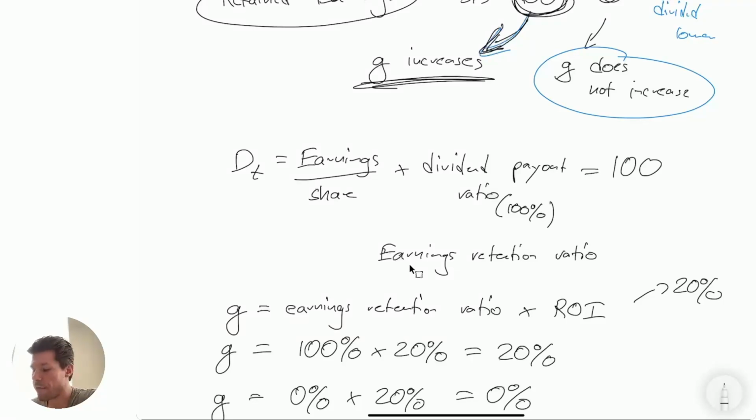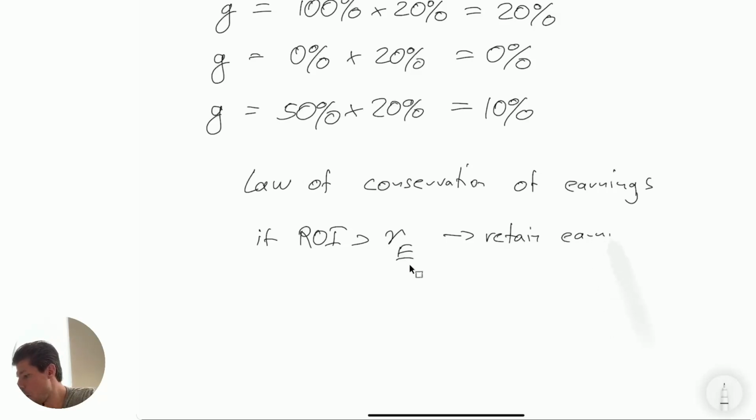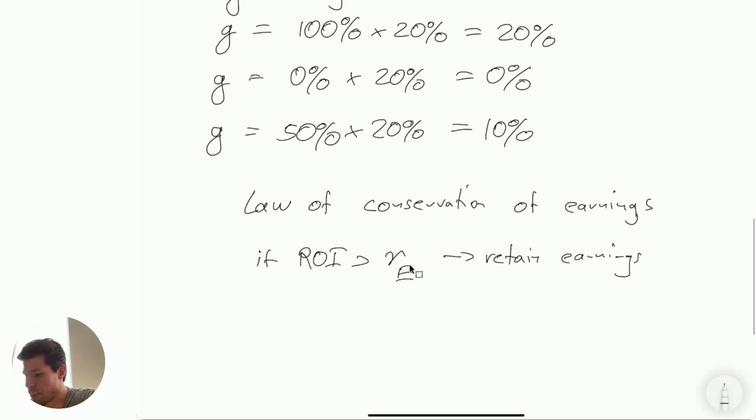There's always a trade-off. What you should do in general: if your return on investment is higher than your cost of equity, then retain earnings because your return on investment is good. So retain more to increase future dividends.